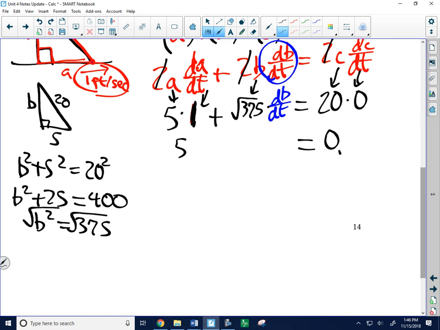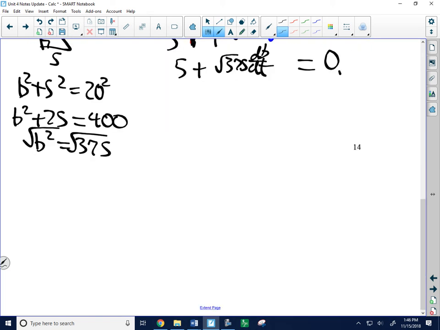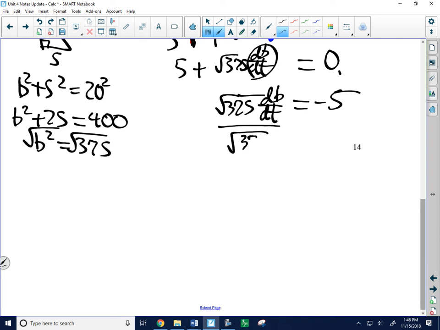Okay, let's work it out. This is 5. This is radical 375 dB/dt. And that was 0. I'm solving for this one, so I subtract 5. So radical 375 dB/dt equals negative 5. And then I divide by radical 375.